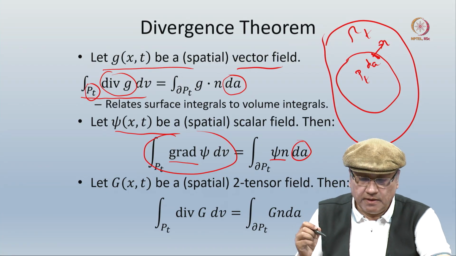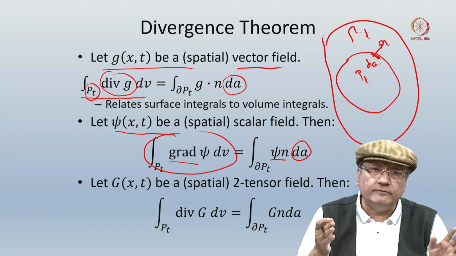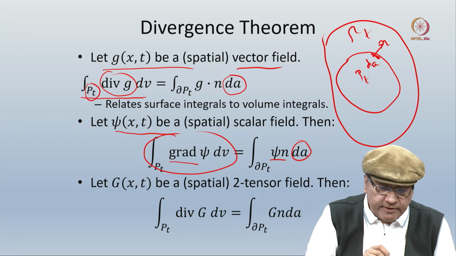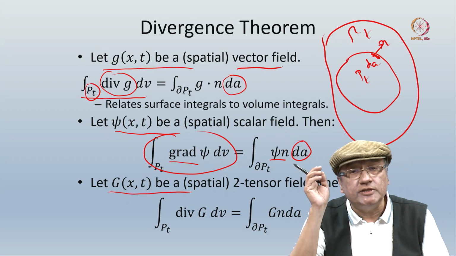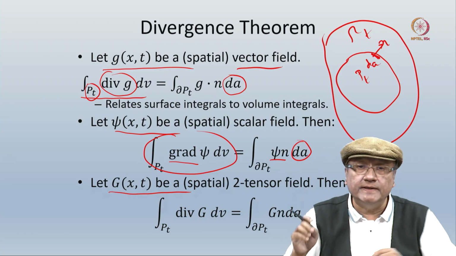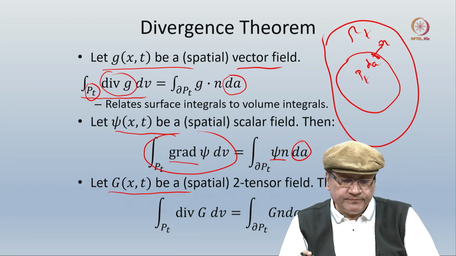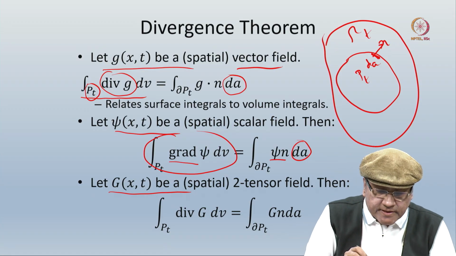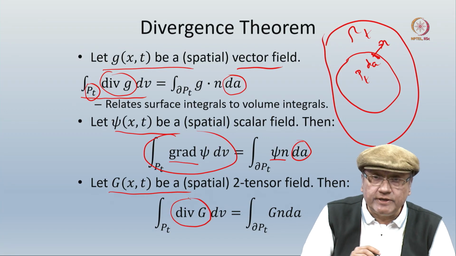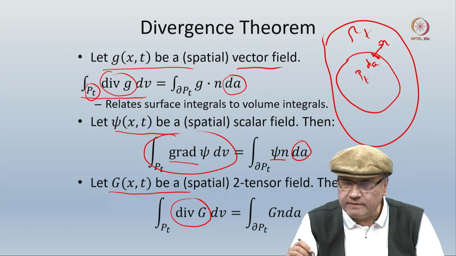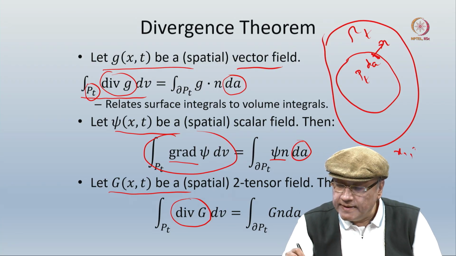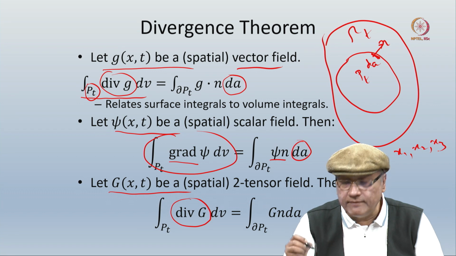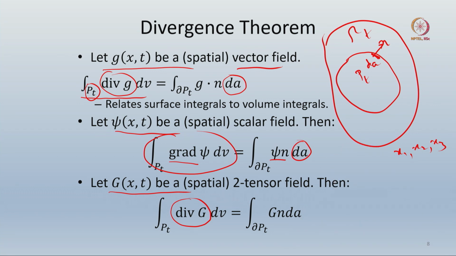Both are vectors. A third form of the divergence theorem is in terms of a two-tensor field. Let capital G be a two-tensor field over the spatial domain. Then again the divergence of G. Now if you take the divergence of a tensor in the indicial notation, let us say your three coordinates are x1, x2 and x3, so you have your coordinates written as xi, xj, etc., with i and j varying from 1 to 3.